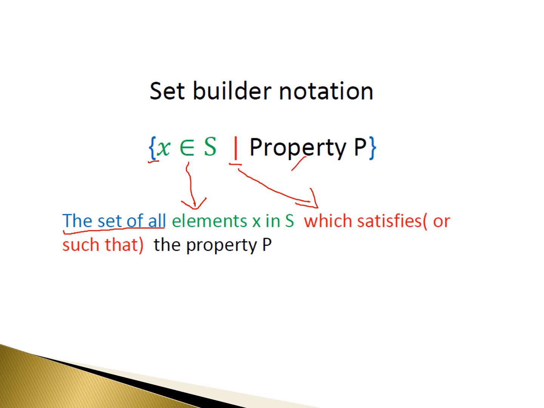And then we have the property P. That is how the given set builder notation is read.